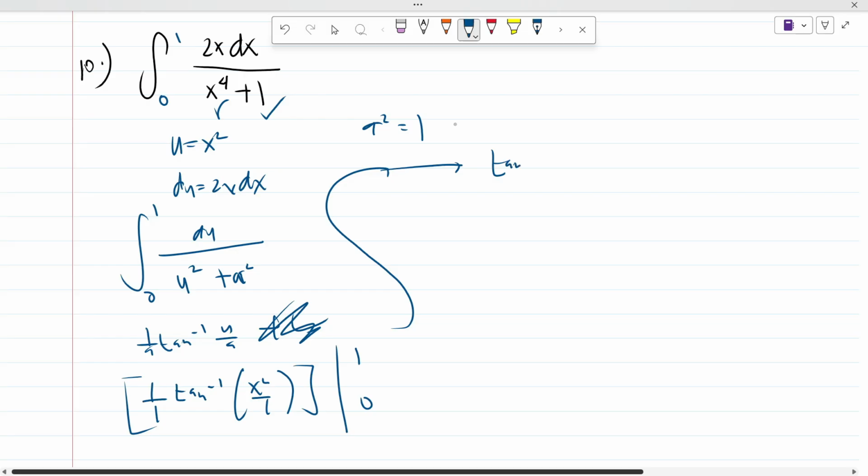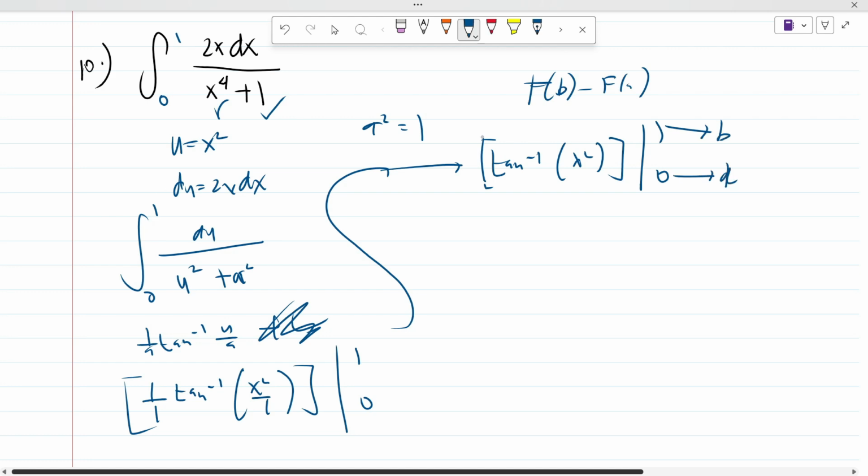So, tangent of negative 1, x squared, arctan of 1 to 0. So, FB minus FA. So, this will be the B and this will be the A. Gets guys? Yung B natin is ano? B natin is 1. Then squared minus tangent of arctan 0. Then squared.